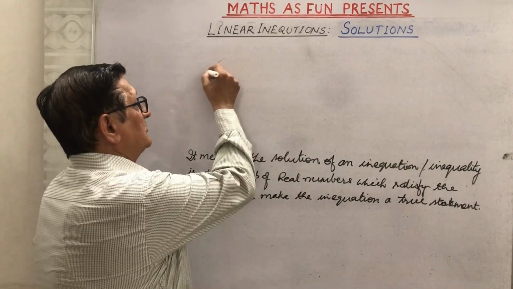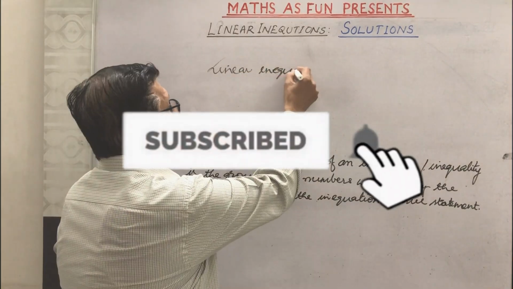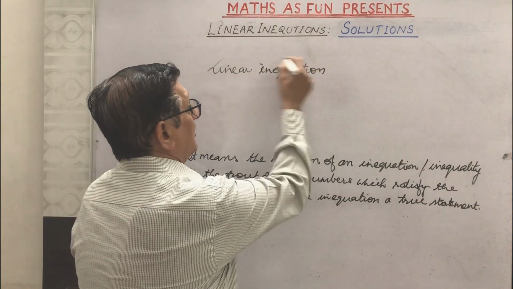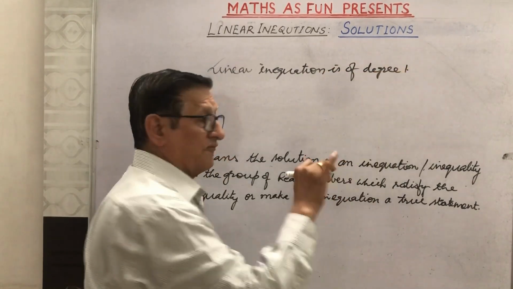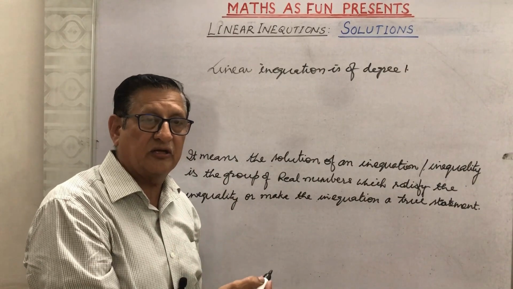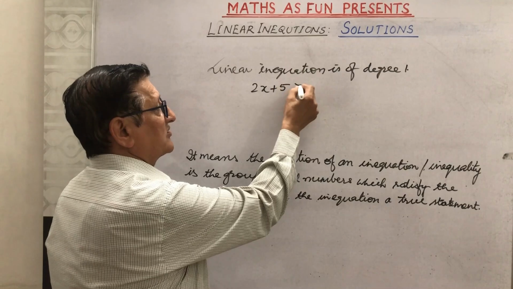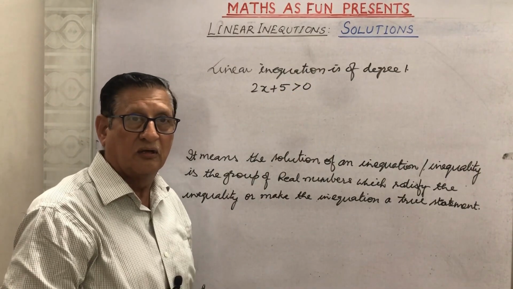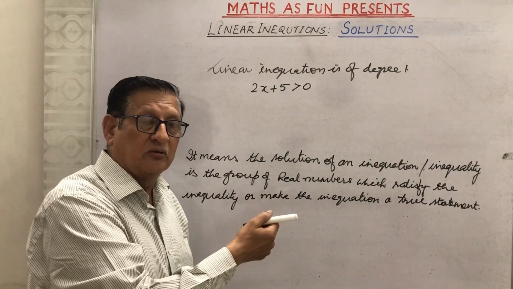But now let's learn: a linear inequation is of degree 1. And if it is of a single variable, one variable, then it can be of the form like 2x plus 5 is greater than 0. In case we want to find the solution of this, what will we do?